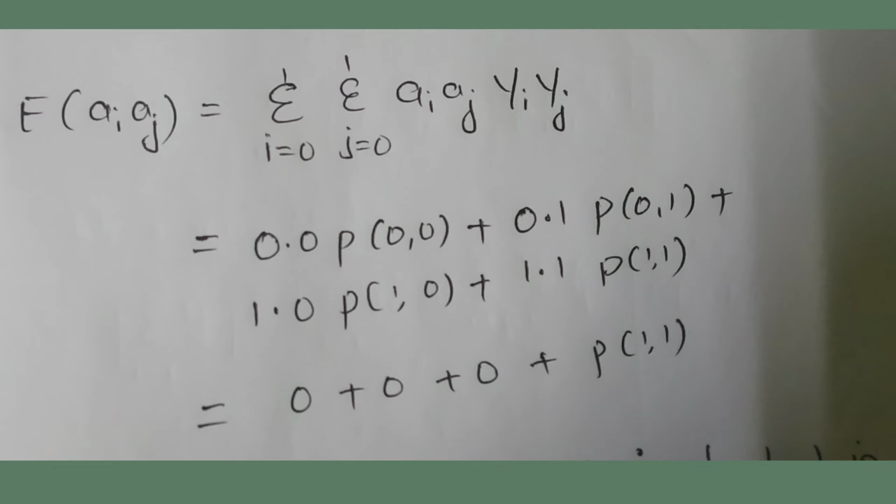So the first three terms are 0, and we are left with 1 into 1, p of ai equals 1 comma aj equals 1.